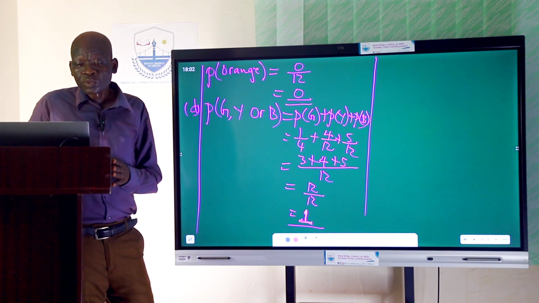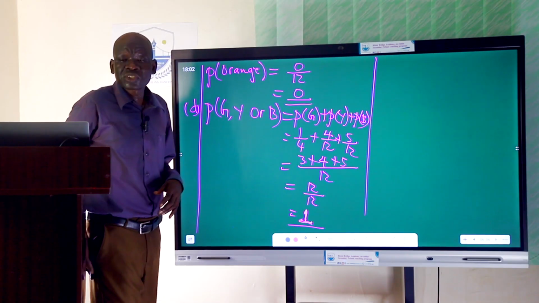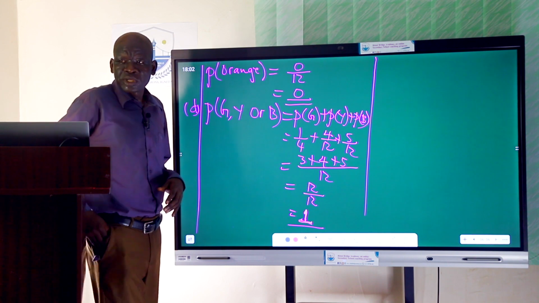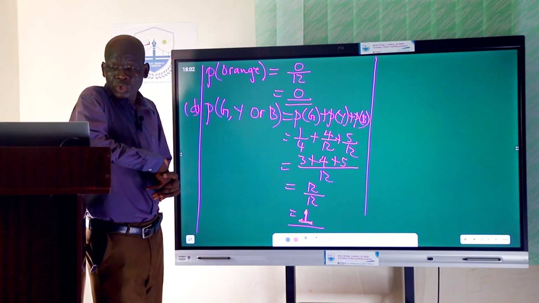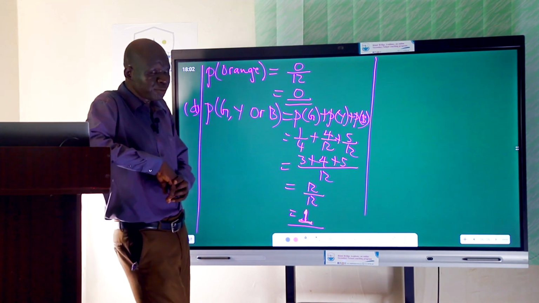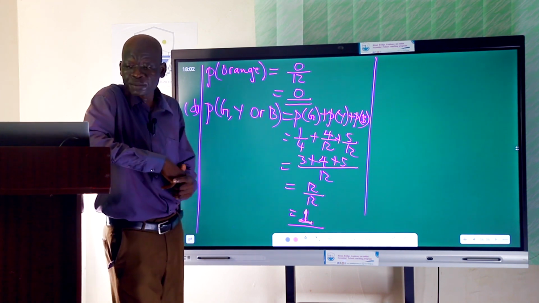That is that. We can now look at what we call complementary events. If E is an event, then E dash is the complementary event of E. The complementary event is the event that does not occur. In other words, when the event has not occurred, we say it is complementary. The complementary event is represented by a dash, or we can use the word prime.